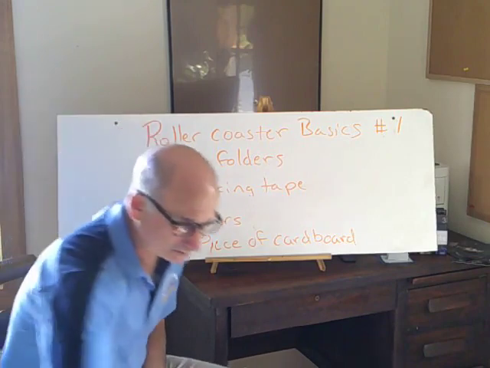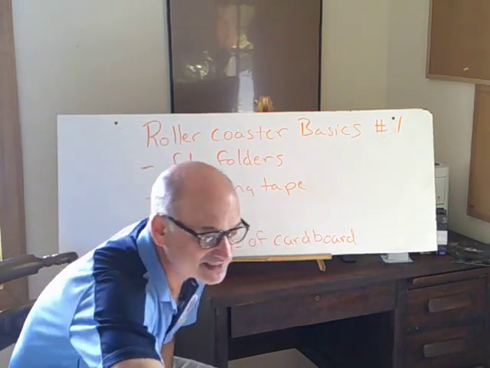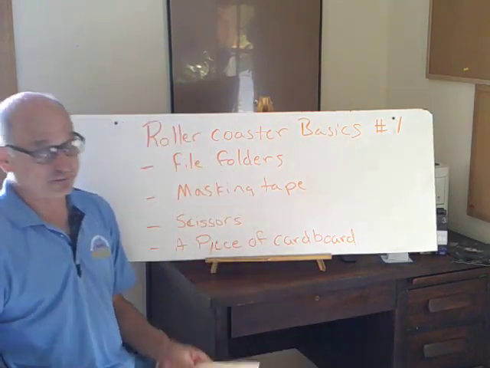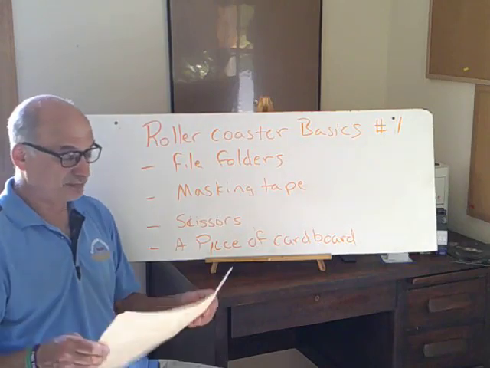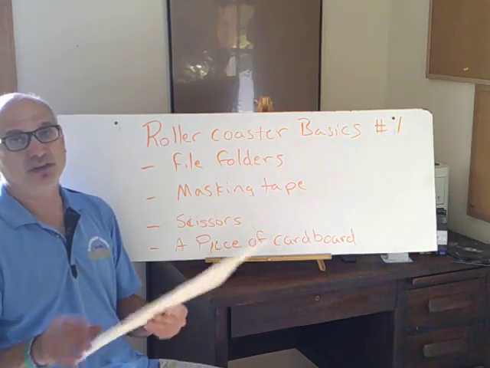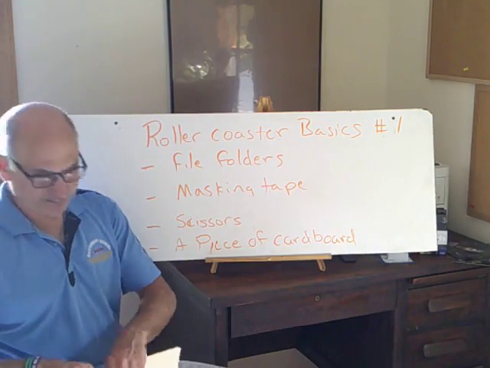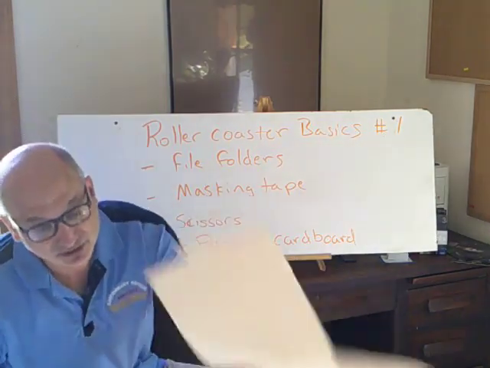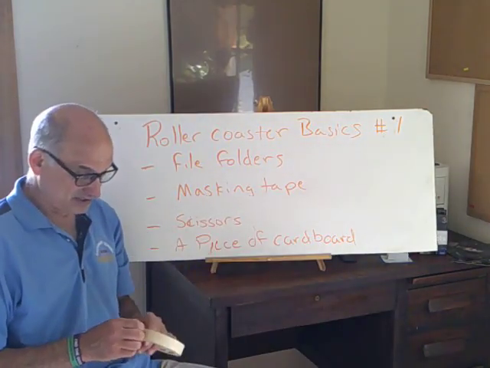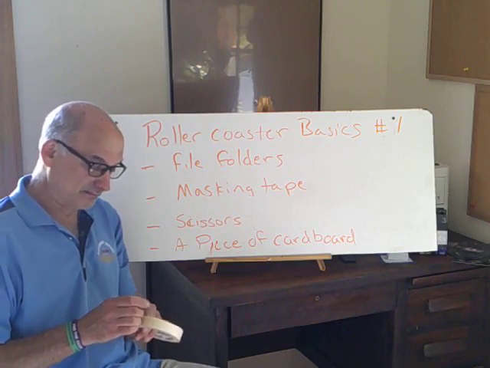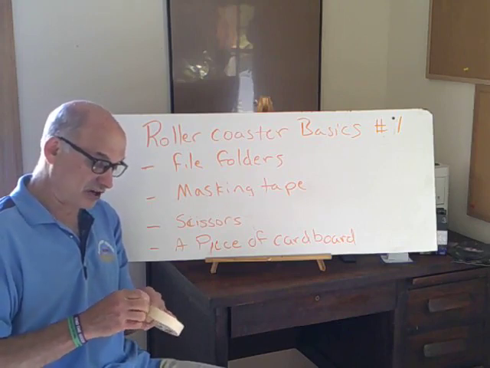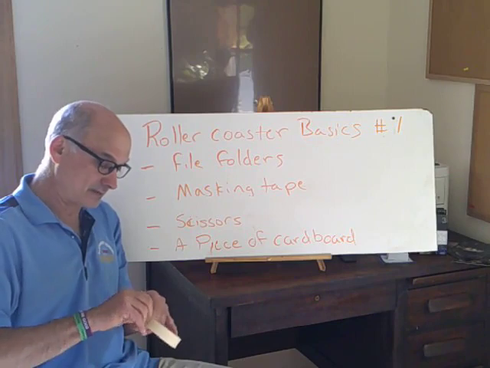Okay? So here are some things that you need to know about roller coasters. First thing you want to do is build supports. One of the ways of building supports is this. Oh, here, let me give you a little hint, because I'm going to need to do this. When you're building on your own, sometimes it's hard to get tape when you need it.